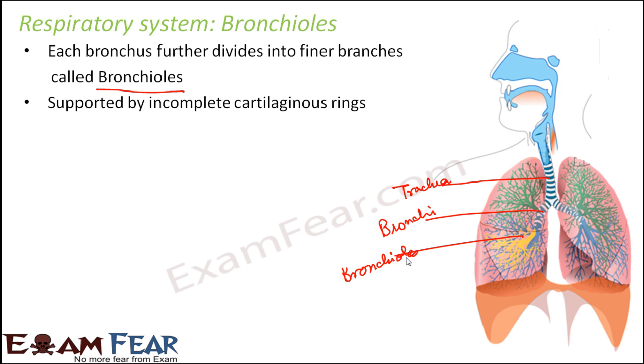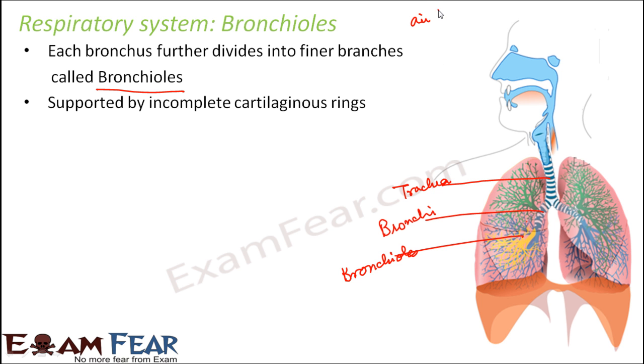These bronchioles are supported by incomplete cartilaginous rings. Everywhere you see these cartilaginous rings present, it is because cartilage acts as connective tissue. It helps to maintain the structure of that particular tube, because it is important to maintain the structure of the tube. What is this tube going to do? It is going to carry air.